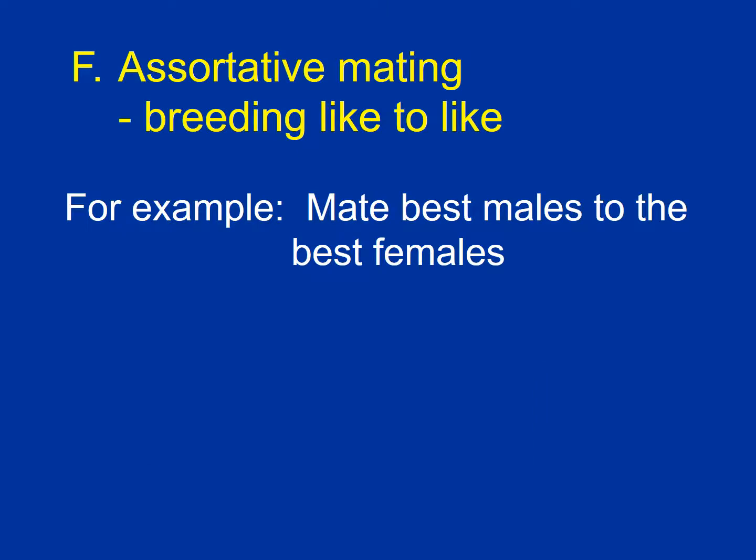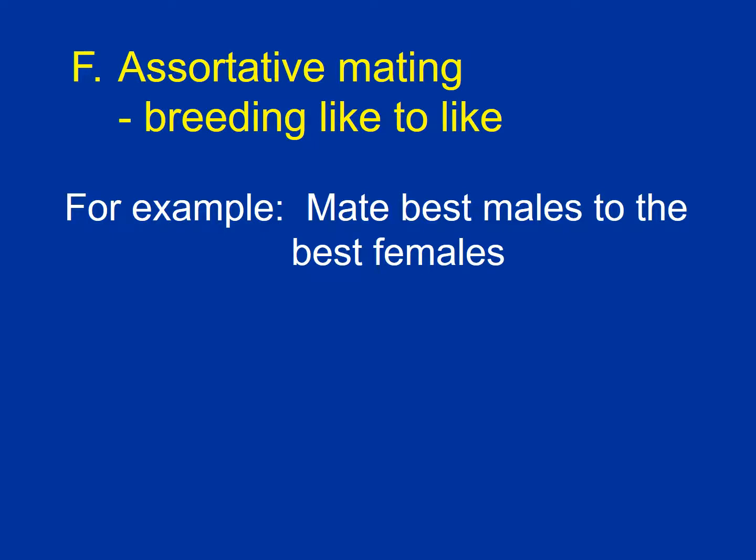Just a couple of definitions to finish up the crossbreeding system: assortative mating versus disassortative mating. So assortative mating is breeding like to like. So we've got some females there, and we've got some males, and you can't breed all the females to the best male, so the best females you're going to breed to the best male, and then on down the line.